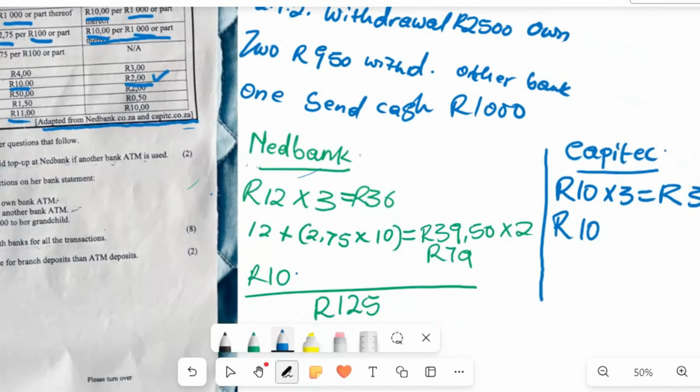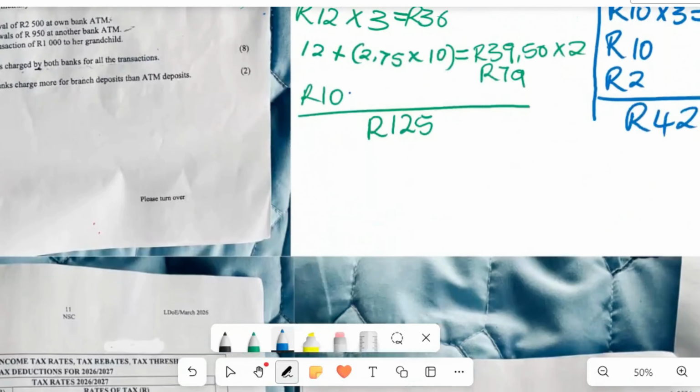So we'll say plus 2 rands. So this will add up to 42 rands. I'm sure you can see which bank charges are much cheaper than which. I don't need to explain that to you.